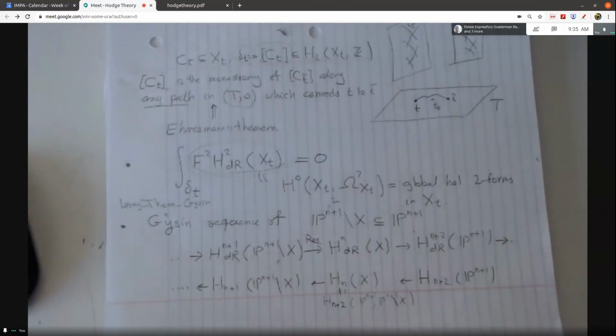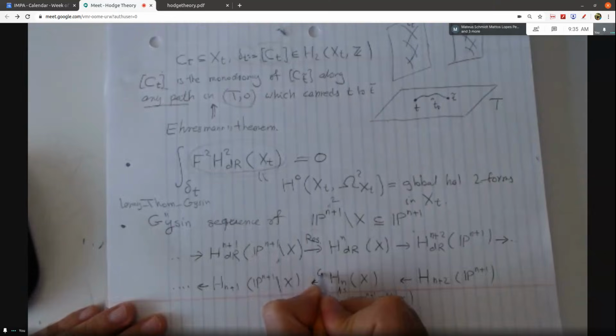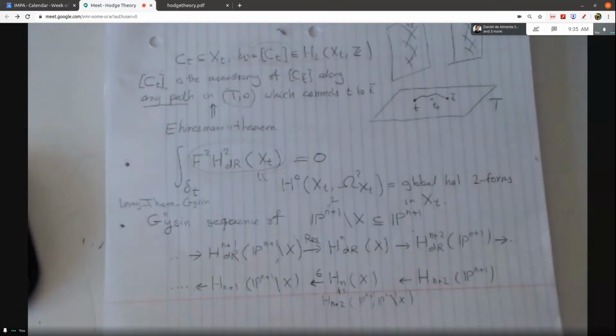Later, in Griffiths' theorem, we will discuss this map in more detail. This we call sigma. And let's write the homology.